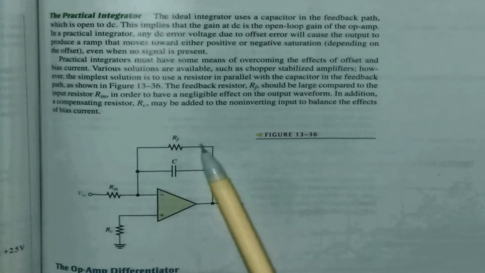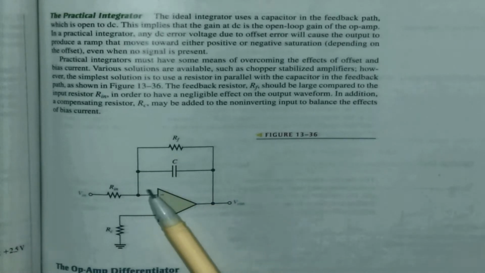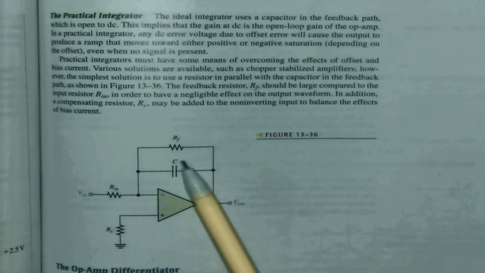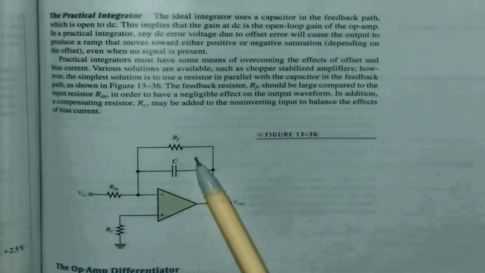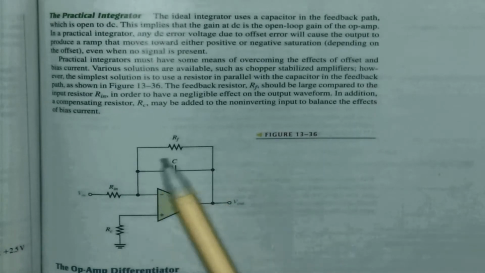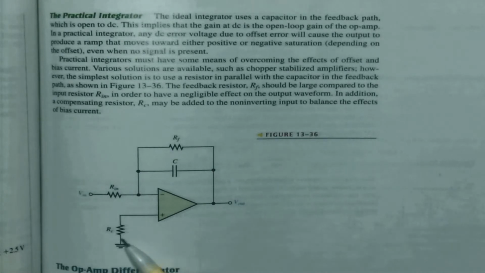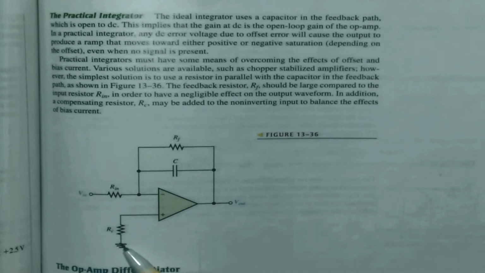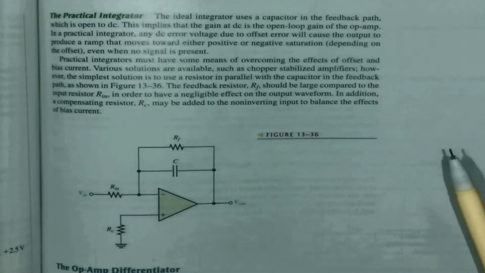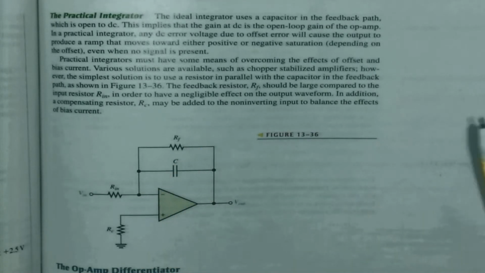The only purpose of that is to make sure that, due to my error voltage, this capacitor doesn't start charging up. It will keep it at discharge. And here is also my compensating resistor. We know about the compensating resistor from previous work. That is a practical integrator. The previous one we talked about was basically an ideal integrator, but here's the practical integrator.